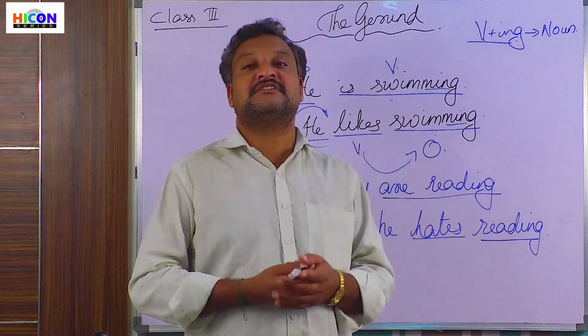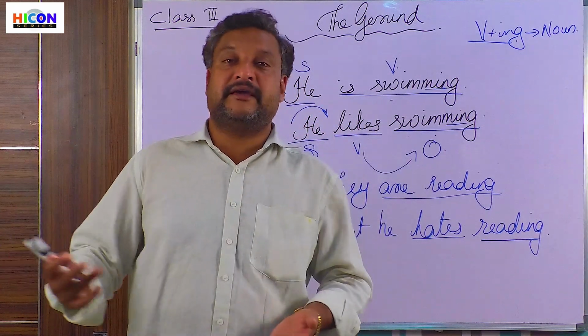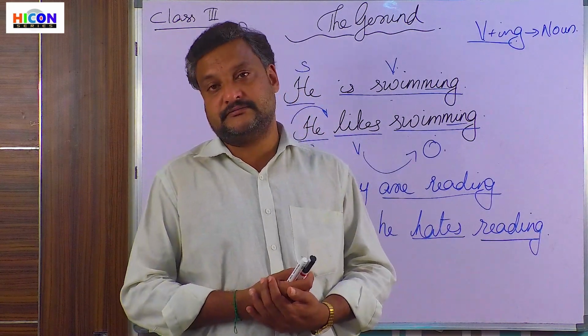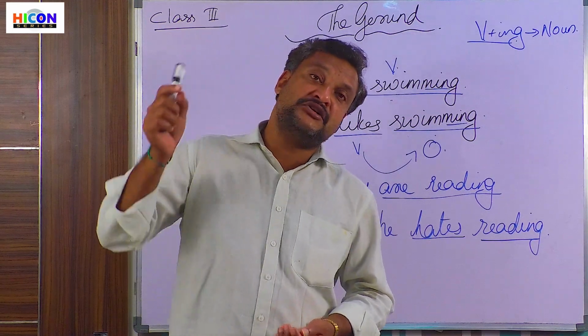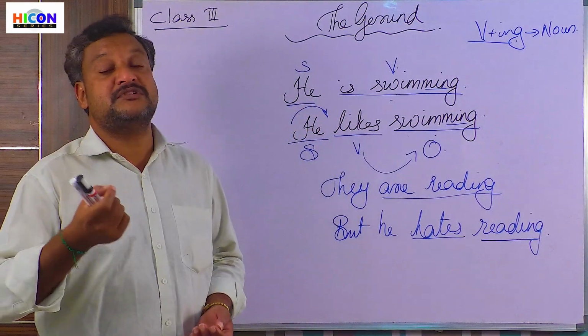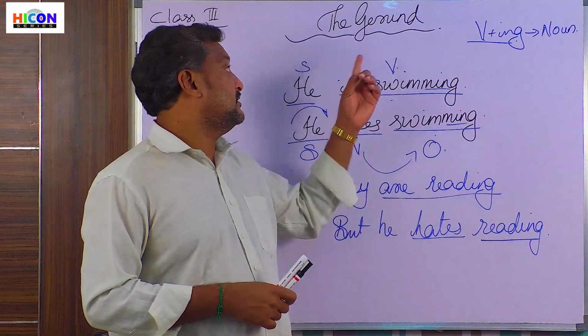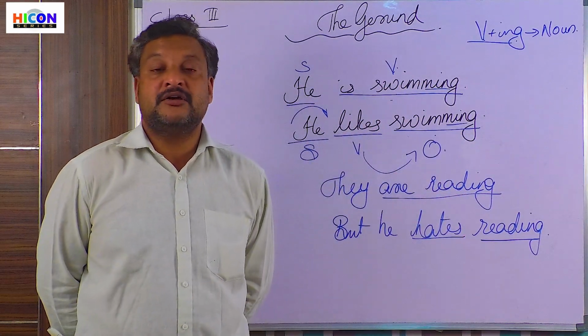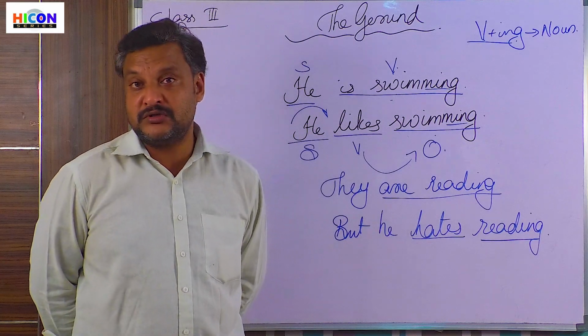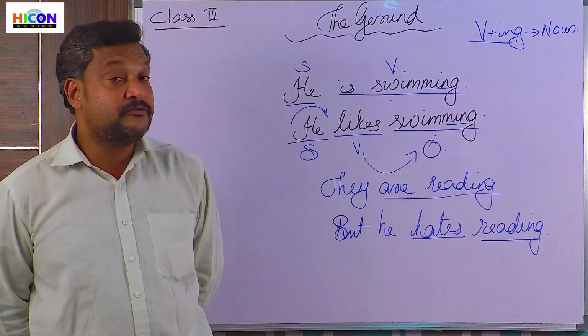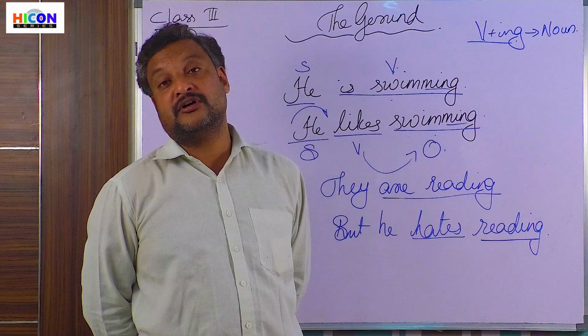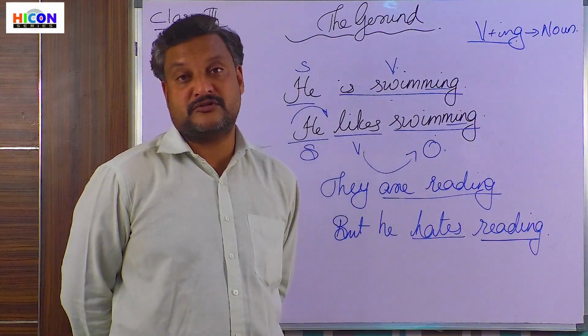He loves is the verb. Driving bikes, the noun part. So the ing form of a verb can be used as a noun in a sentence, and such nouns are called gerunds. Right? So gerunds are verbs. Which verbs? Ing forms of the verbs which are used as nouns.